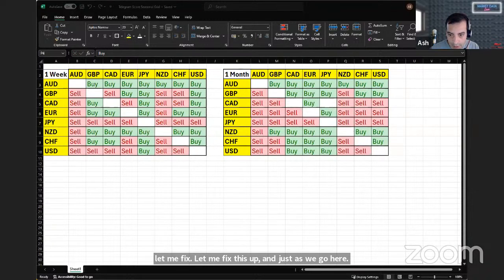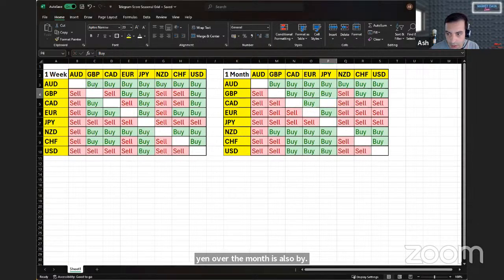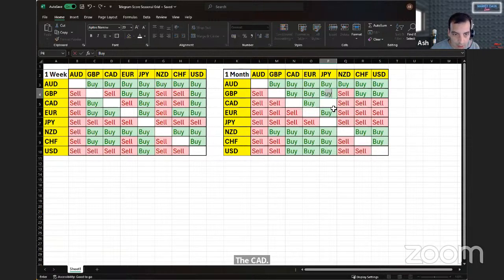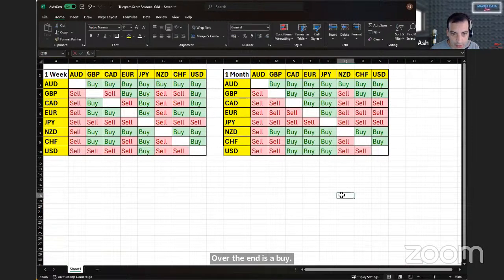This one here. Okay, let me just double check this. So pound versus the yen over the month is also a buy. The CAD over the yen is a buy. And that leaves the yen.